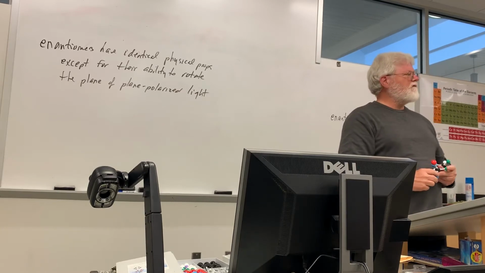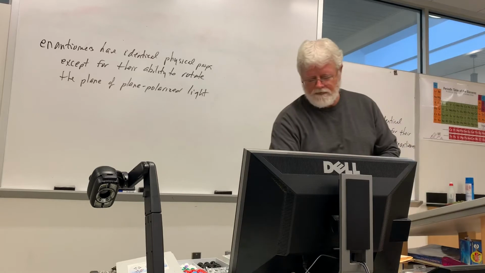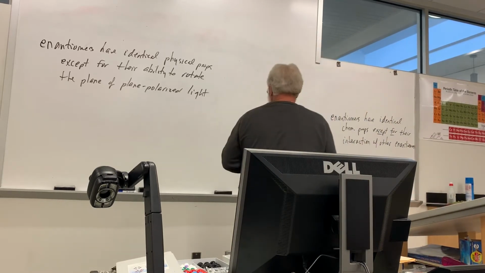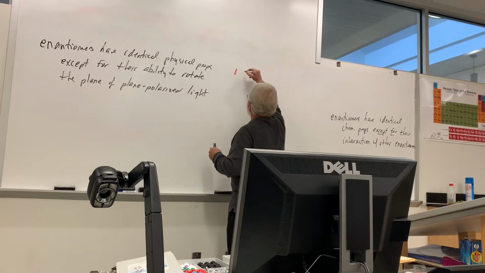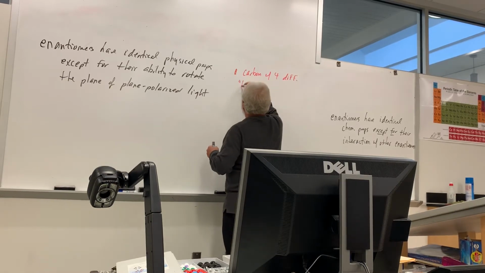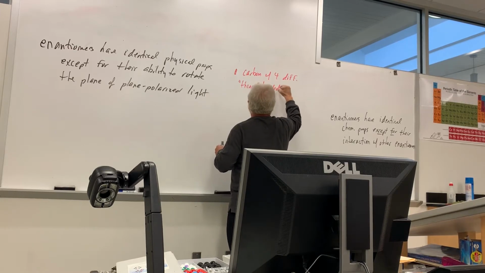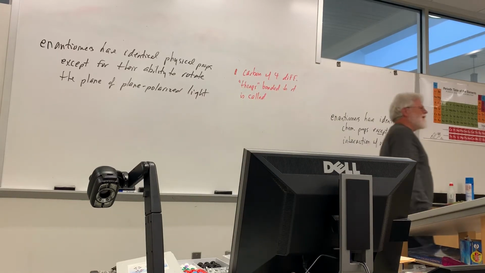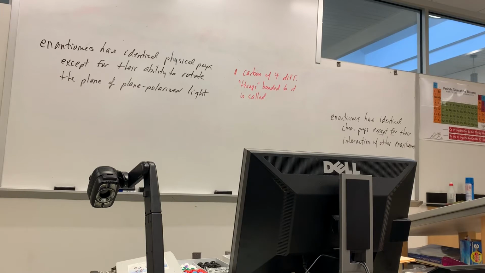If you have a carbon that has four different things bonded to it, such a carbon is called by a variety of names.